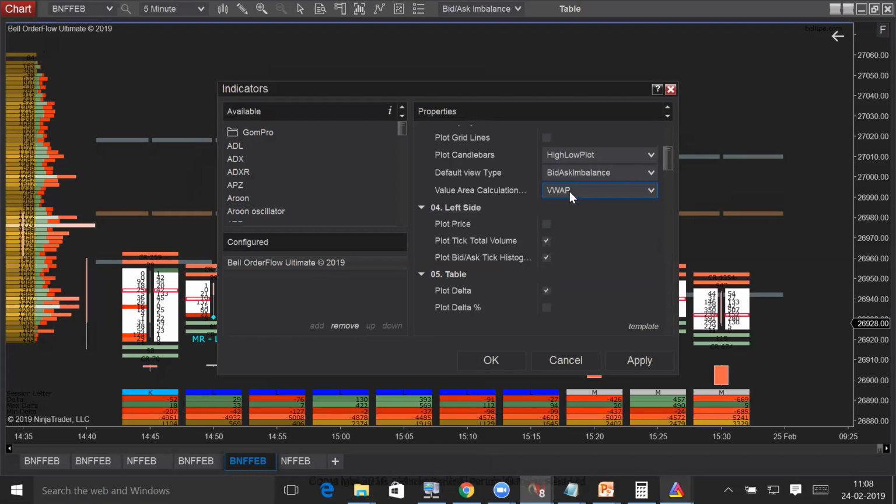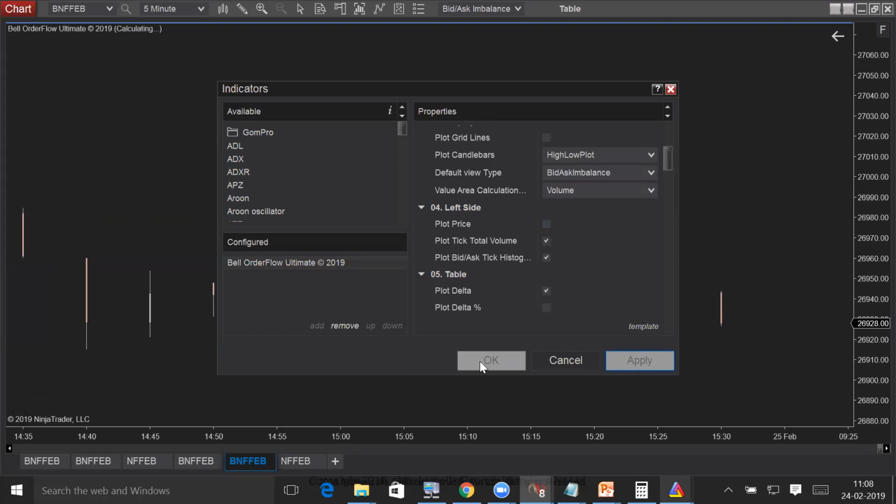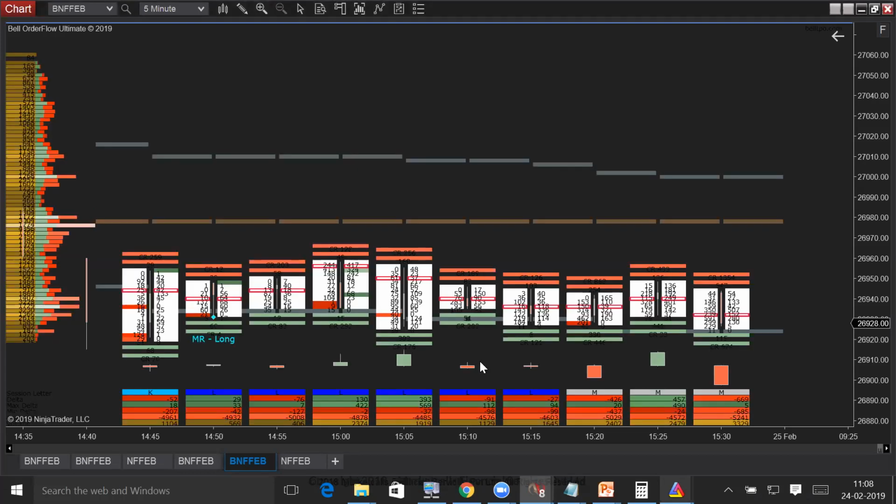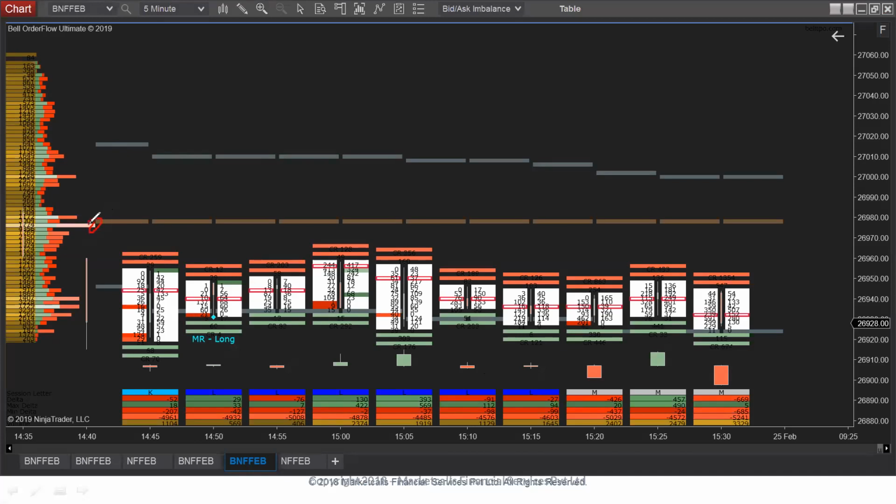If you see that more volume is getting traded over here, in that case you can select volume, then that line will always track only where maximum volume is happening for that day. You can see that it is coming exactly at that high volume level, and the volume is also plotted exactly at that level.